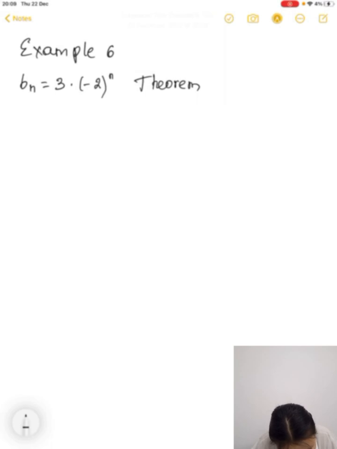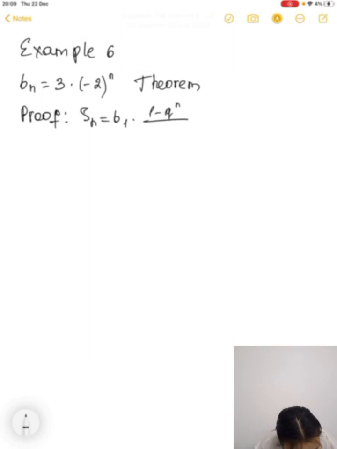Theorem. We prove this. Proof. The sum of the first n terms of a geometric sequence is S sub n is equal to b sub 1 times 1 minus q to the power n over 1 minus q, and q is not equal to 1.